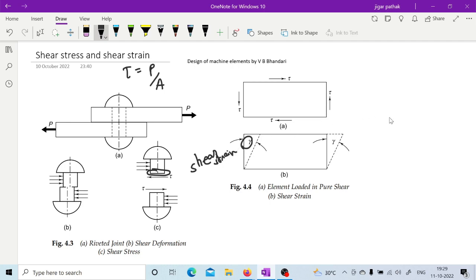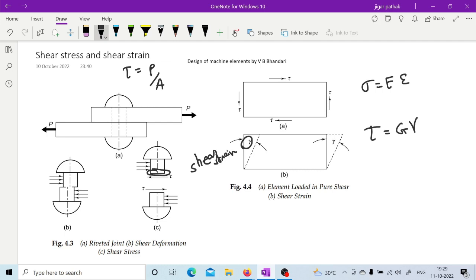As in axial stress and strain, we have the relation sigma is equal to E into epsilon, right? In shear stress and strain also we have this relation up to the elastic limit.